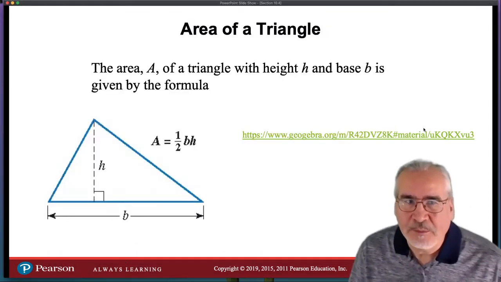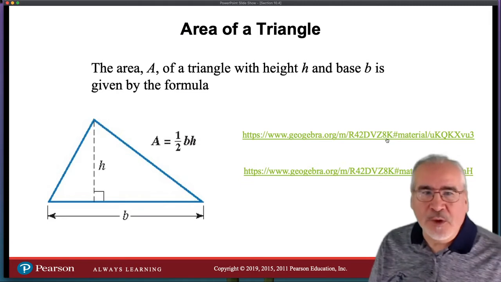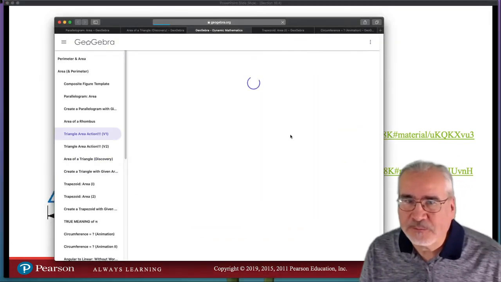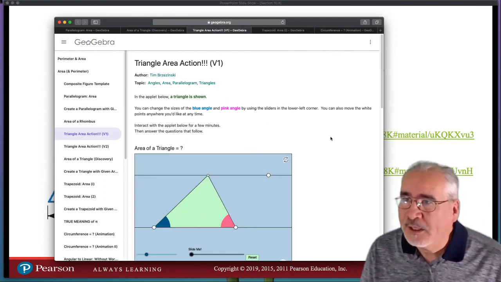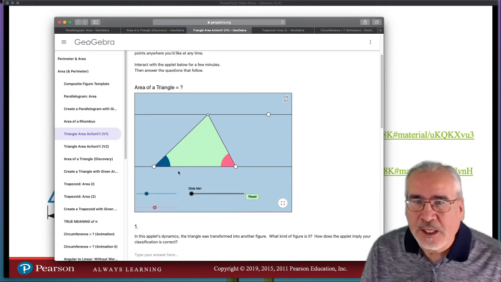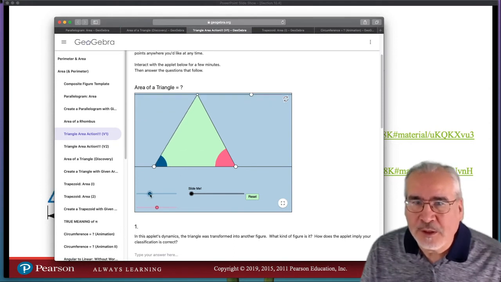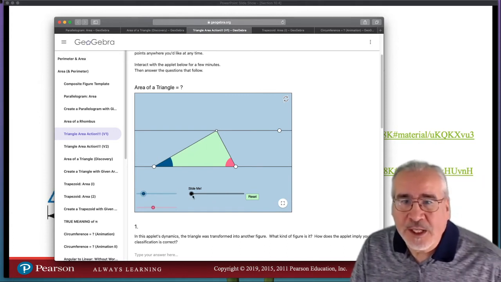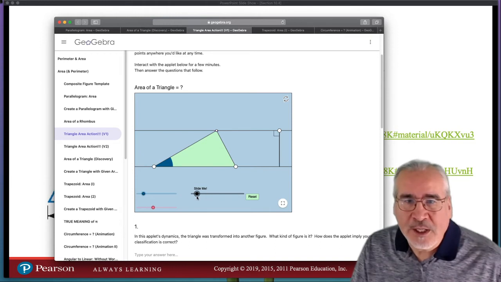Okay, come back here. We're going to get one more. This will do it a little differently. Again, this one you can mess with the angles and make different triangles. What it does is it gets the height.